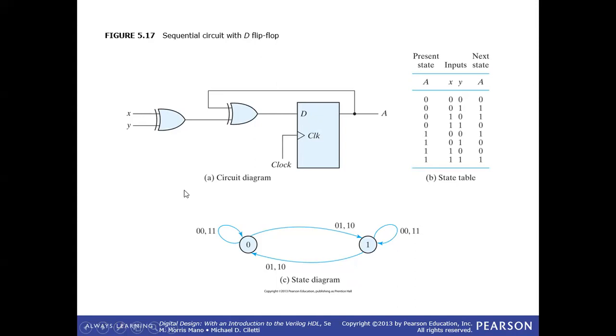Yes, the circuit works in a sequence. Very good. If we are working with a circuit that is not sequential, the coming outputs are not going to depend on the present states or the present outputs of the system.